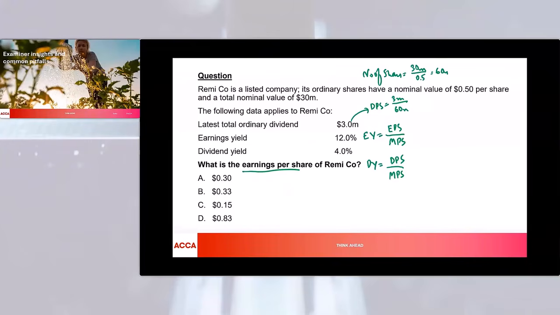So 3 divided by 60. How much do you get? $0.05 per share. Come on, substitute that and try solving. I have given you the maximum clue for you to reach the answer.